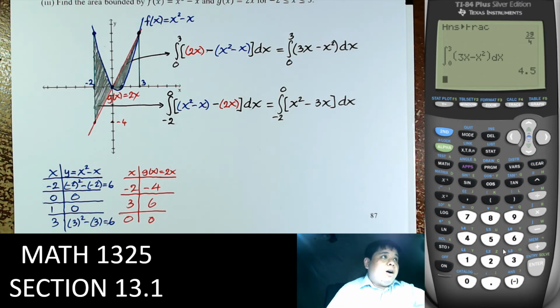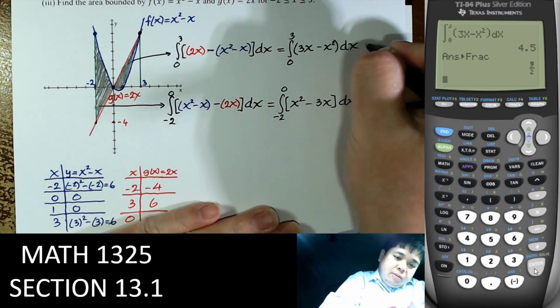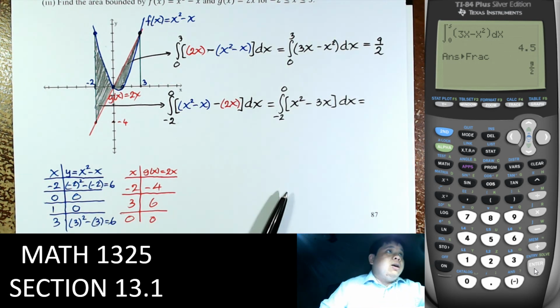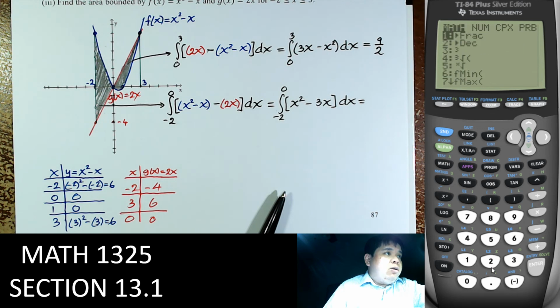That is 9/2. And now the other integral from -2 to 0, and we have x squared minus 3x.